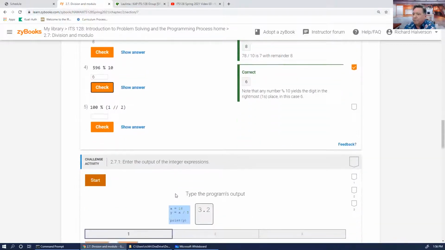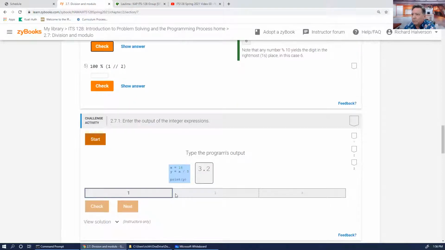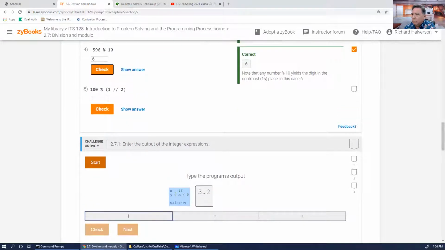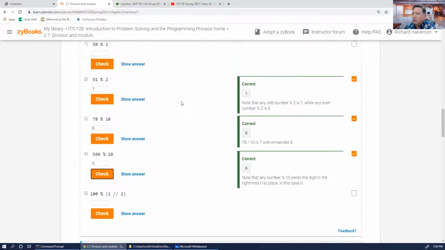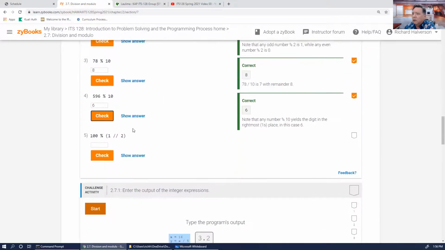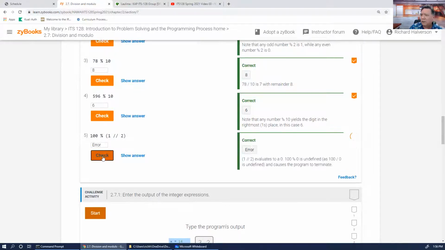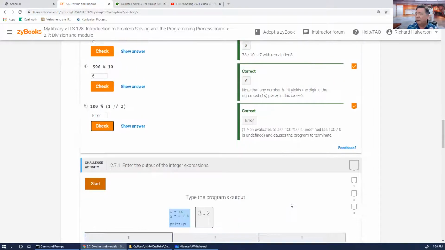So anyway, is this an error? Yeah, so 1 integer divided by 2 is going to be 0. And so here you're asking for what's 100 mod 0. And so that, I think, is an error. Yes. All right.